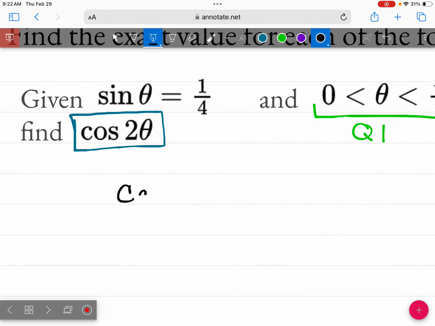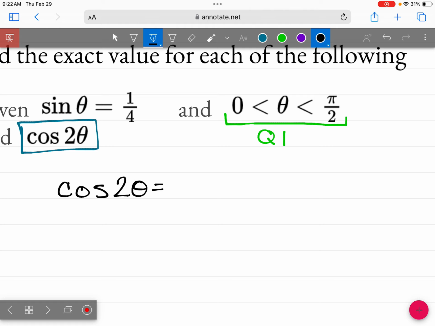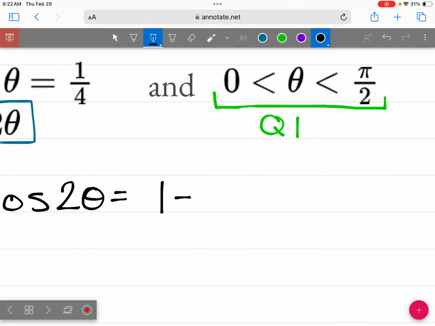So we're going to use the sines-only version of cosine 2 theta, which is 1 minus 2 sine squared theta. That's the formula.